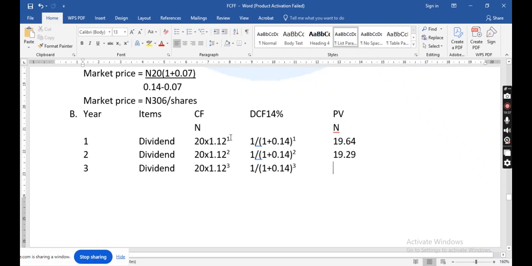Next. 18.97. So what is the total here before we do the infinity? 57.9.